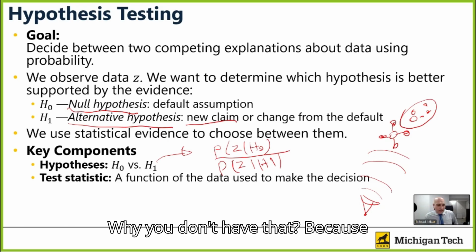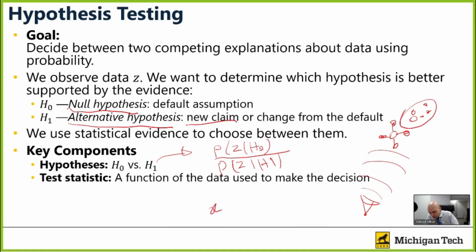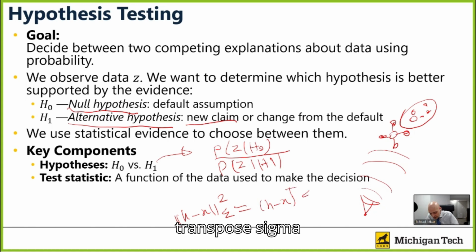Why you don't have that? Because remember the Mahal distance was like when we say h minus x, Mahal distance with sigma is equal to (h minus x) transpose sigma inverse (h minus x).